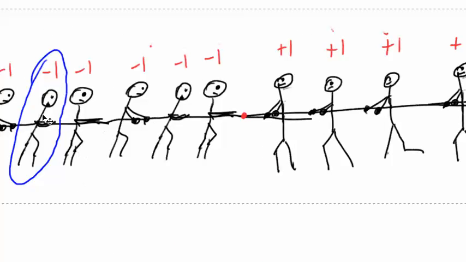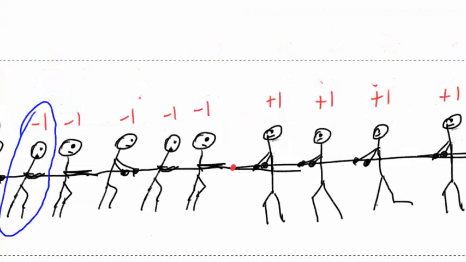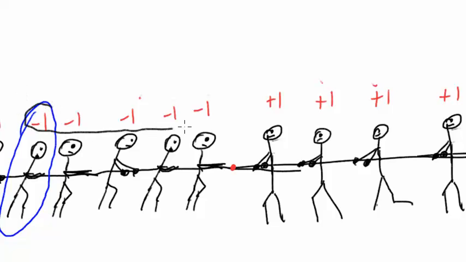And how is that done? Well, let's say you ask this guy how much force is on the rope. What he's going to do is he's going to say, I see me and 4 other guys in front of me pulling on that dot over there. So that's minus 5 men's force, or probably about 500 pounds pulling to the left.